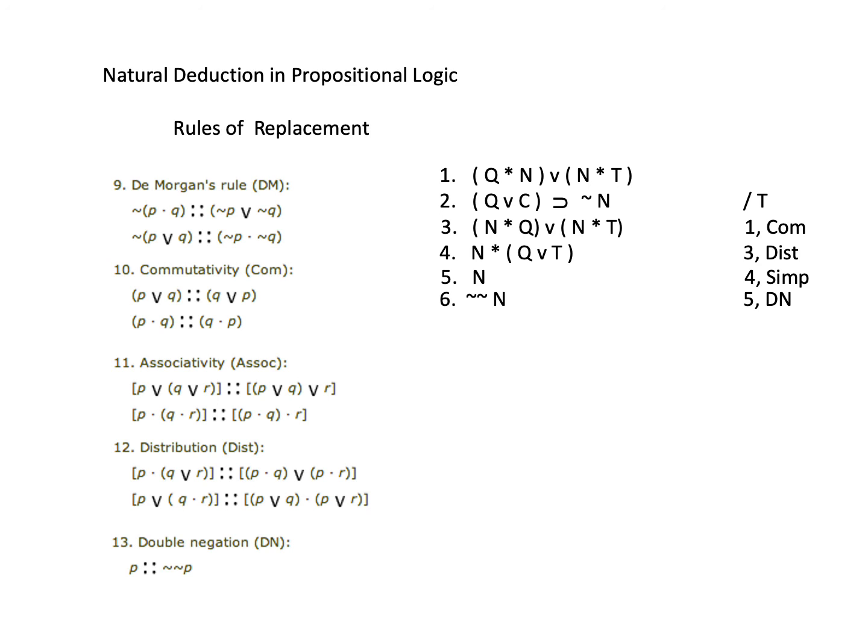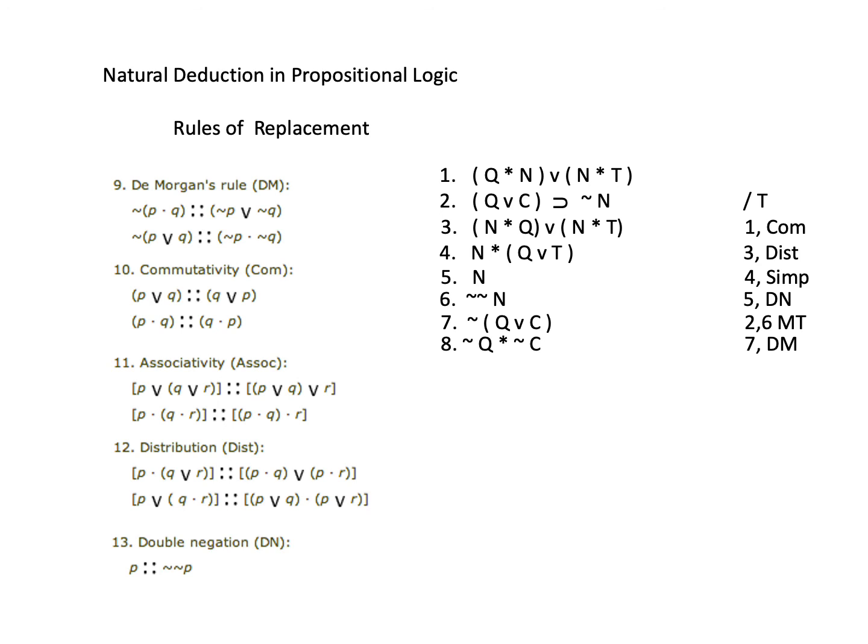And now I can do modus tollens, and that will give me tilde Q wedge C, lines 2, 6 modus tollens. With that, if you look at Rule 9, De Morgan's, I can apply De Morgan's to line 7, and that will give me tilde Q conjunction tilde C. In other words, line 7 and line 8 are saying the same thing, and so for line 8 I have De Morgan's on line 7 that I performed.